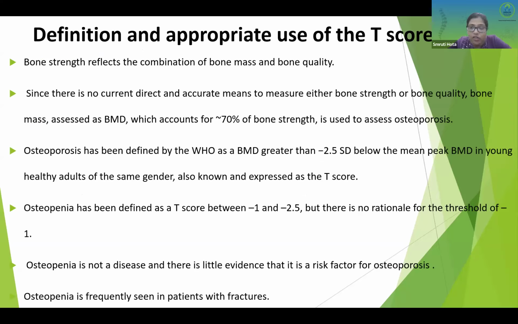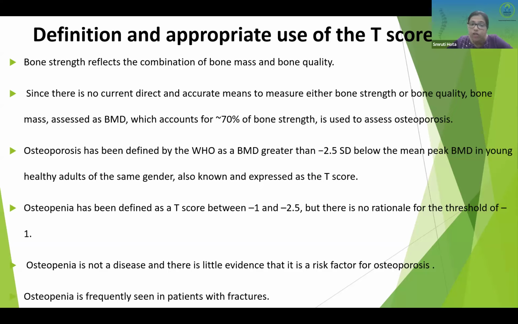Now, as we have understood the definition, how to assess osteoporosis? What are the tools we have to assess or quantify it, or know the quality of the bone? We know bone strength is a combination of bone mass and bone quality. Here, bone mass refers to the quantity of bone, how dense it is, while bone quality refers to microarchitecture, turnover, and mineralization.